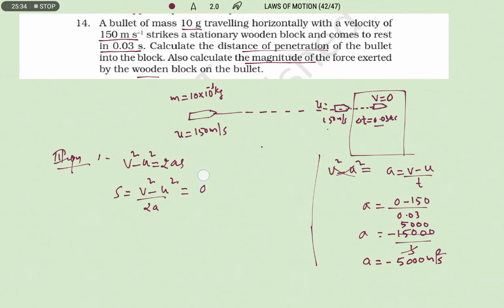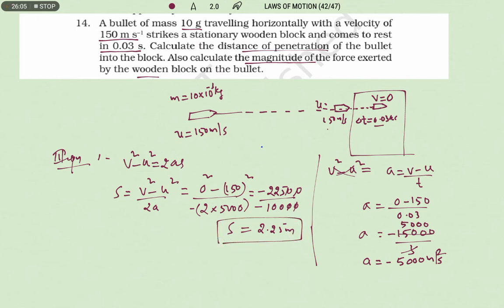So 0 square minus 150 square by 2 times minus 5000. So we get 22500 by minus 10,000, the zeros get cancelled, so 2.25 meter is the distance travelled by the body before coming to rest.